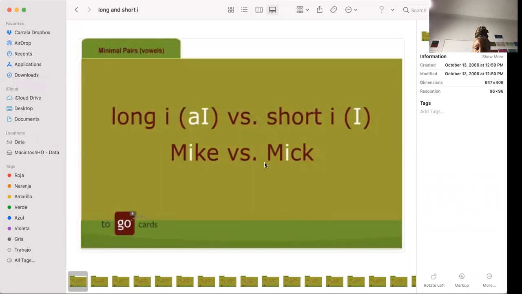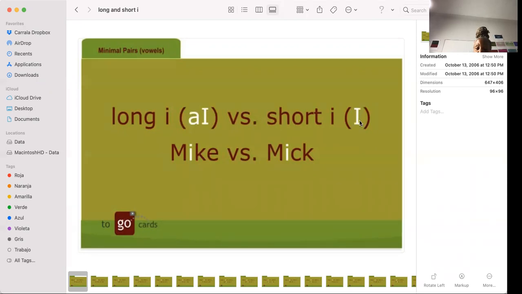The I is highlighted. The long I, look at it phonetically. And then the short I, although in normal letters it's I versus I, but phonetically it's I, and then it's it.